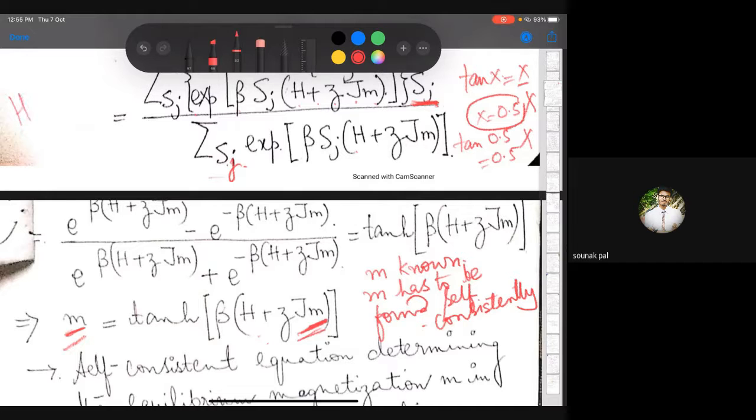Qualitatively, you know that you are neglecting the deviation of the random value from its average value. This is what you are neglecting. But you do not know a priori, in terms of numbers, what is the value of this guy. So is it 0.02 that you are neglecting or 10 that you are neglecting? You don't know. So that's why it's called an uncontrolled approximation.